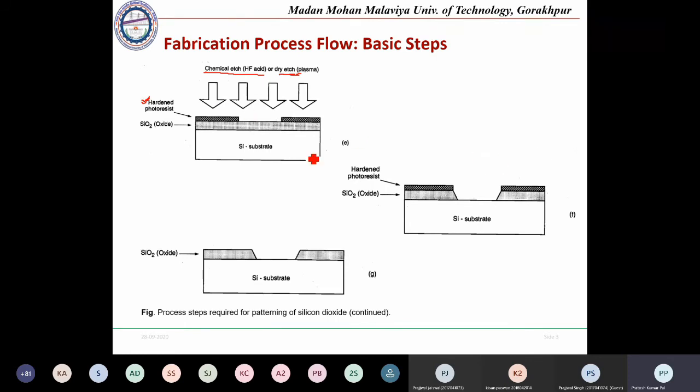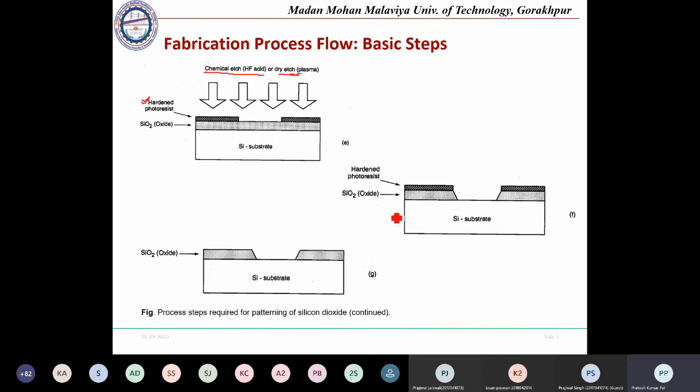The next step: once we have done the etching, the structure will look like this. It will have oxide SiO2 at the edges, on the drain and source side, and a photoresist layer will be there. After etching, the oxide in the gate region will also be removed.